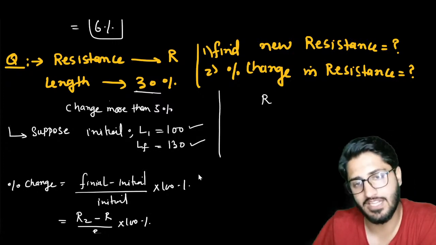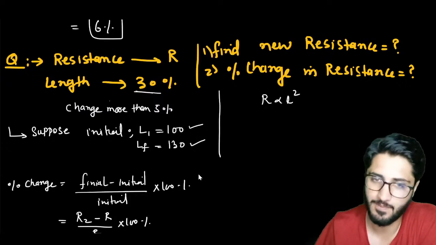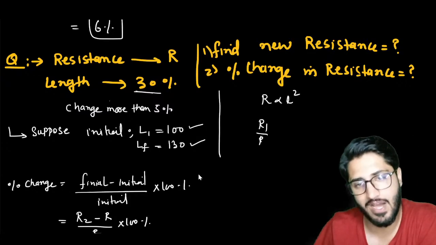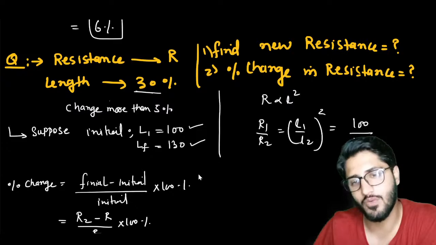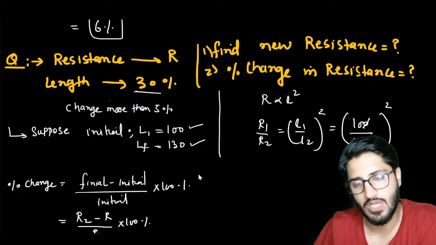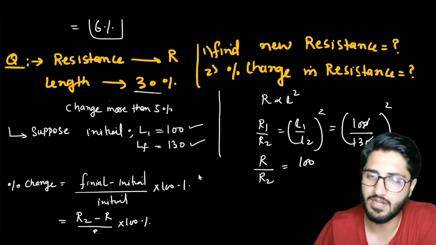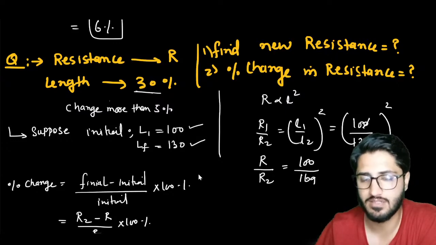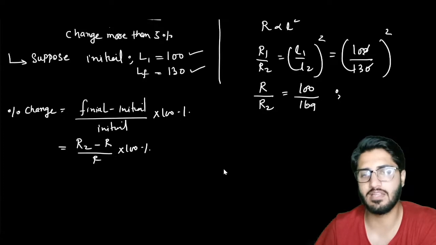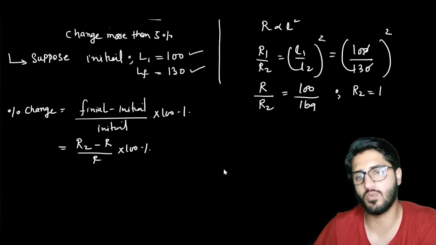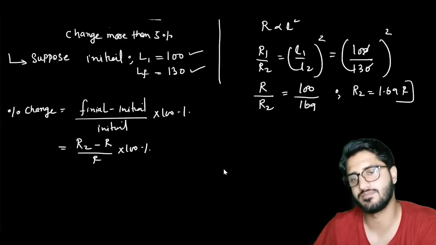It is the length change, so R1 by R2 is L1 by L2 square. L1 is 100, L2 is 130 square. Zeros cancel out. R1 is R, R2 is R2. 10 10 is 100, 13 13 is 169. So I can write R2 is equal to 1.69 into R.